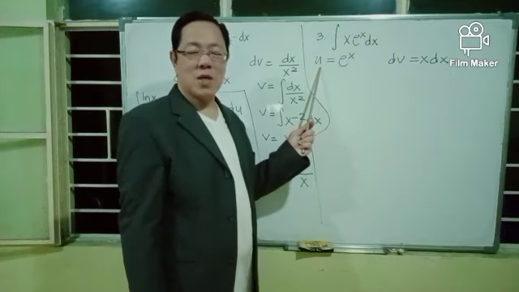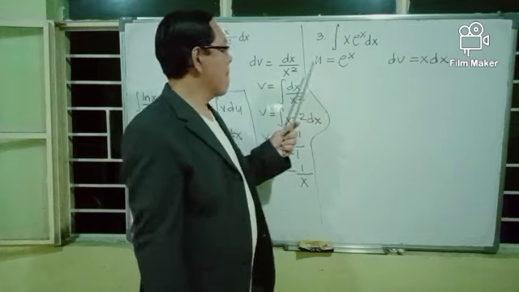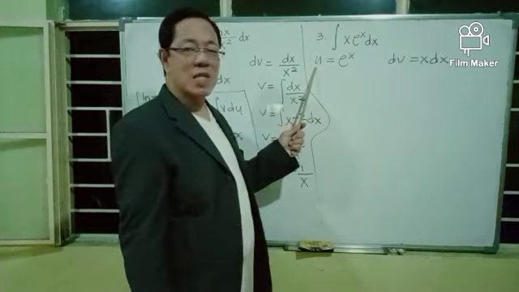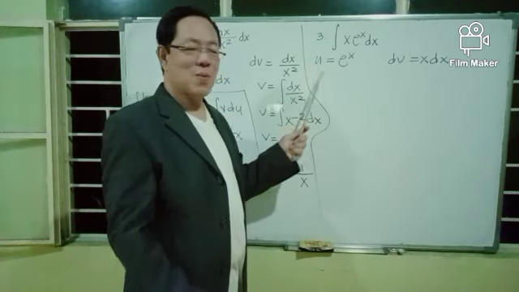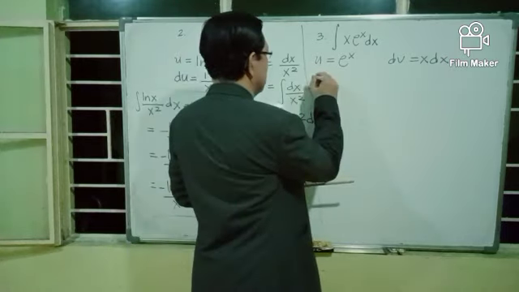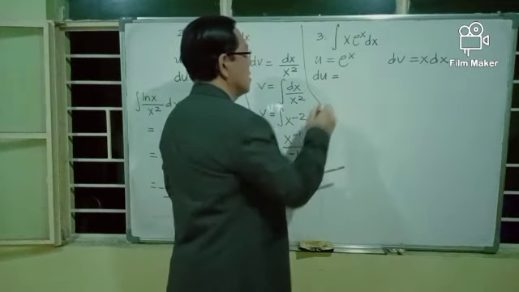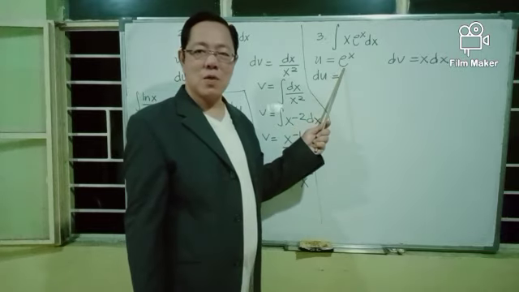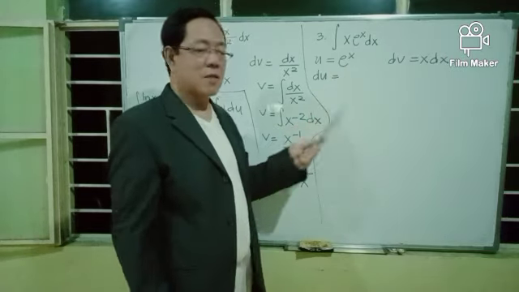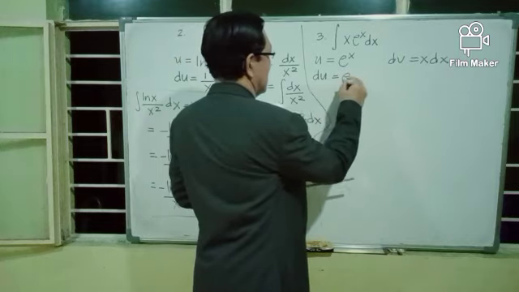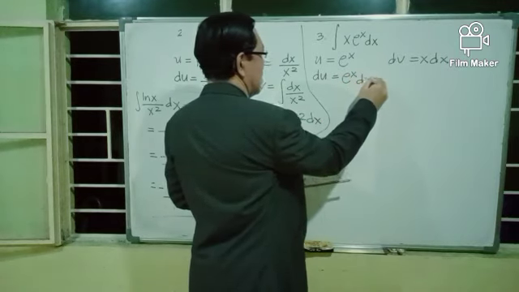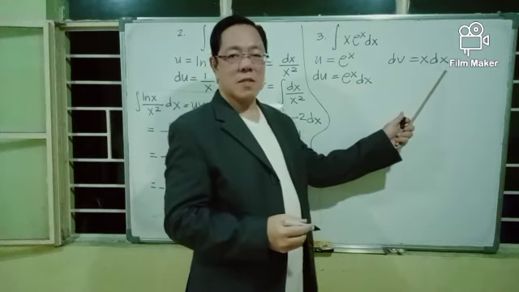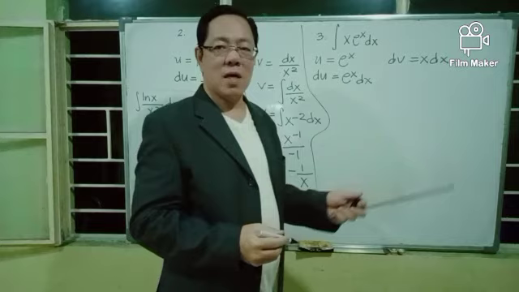For this equation, we differentiate both sides. The left-hand side with respect to u, the derivative of u is 1 multiplied by du. And the derivative of e to the x from your course in differential calculus is e to the x multiplied by dx. For this equation, we integrate both sides.